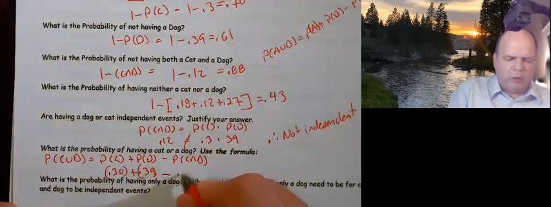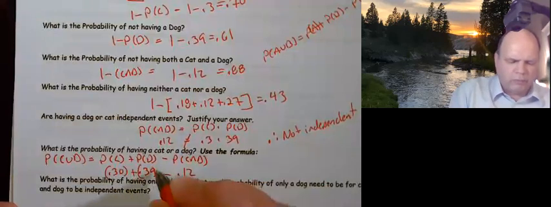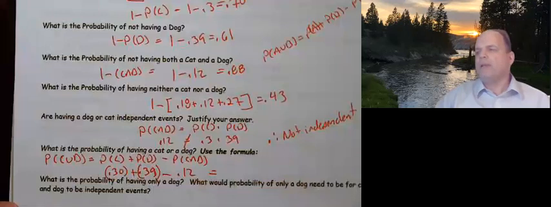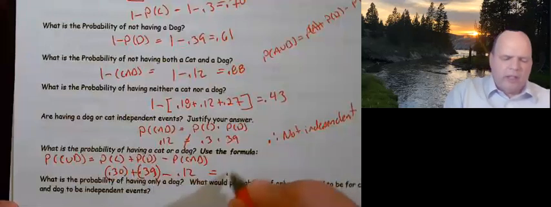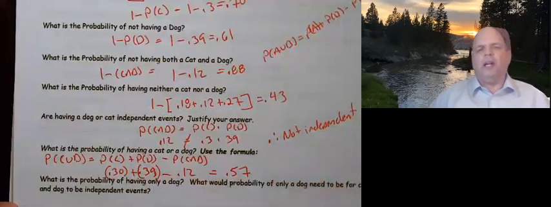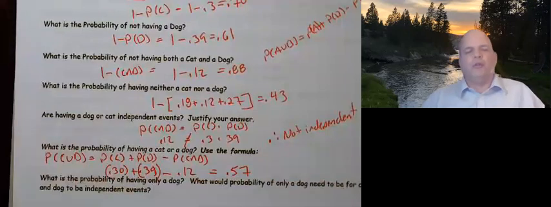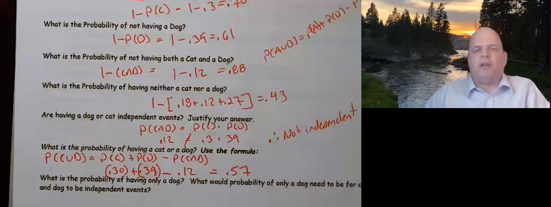The intersection is 0.12. And so basically, if I went up and down the street and asked people if these values were actually true, 30% have a cat, 39% have a dog, that would mean that 50% of the people have either a cat or a dog or both.